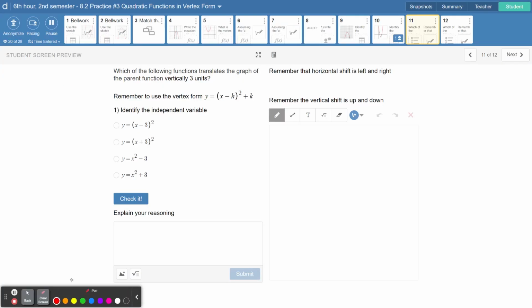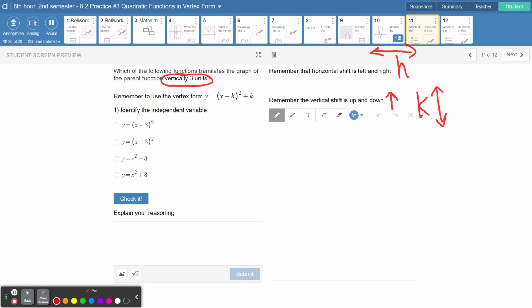Now in this problem, we're talking about translating. So how much is it moving from the origin? So it says we're moving 3 units up because it's a positive 3. Now what you need to recall is h is your left and right movement, and k is your up and down movement.